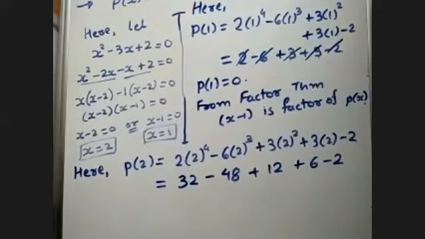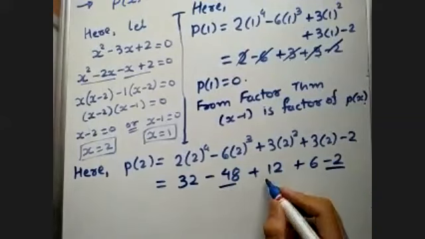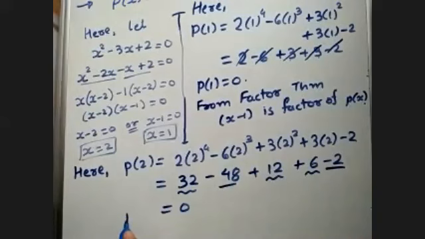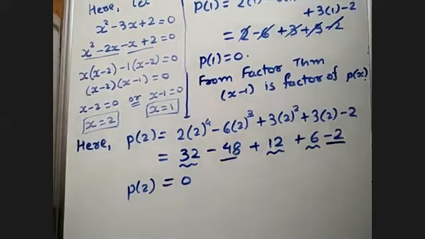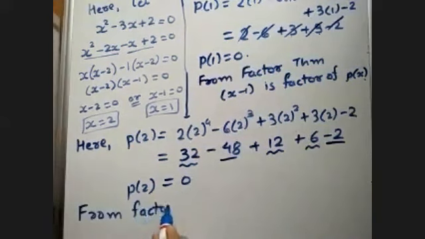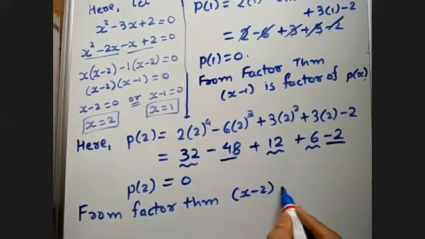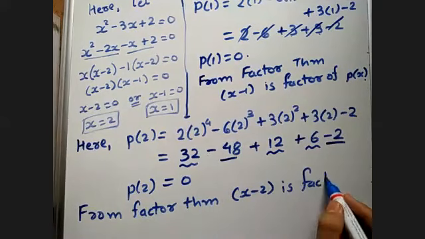So minus 48 and minus 2 become minus 50. 12 plus 6 is 18, 18 plus 32 is 50. Plus 50 minus 50, the answer is 0. So here p of 2 is also 0. So again from factor theorem, x minus 2 is a factor of p of x.